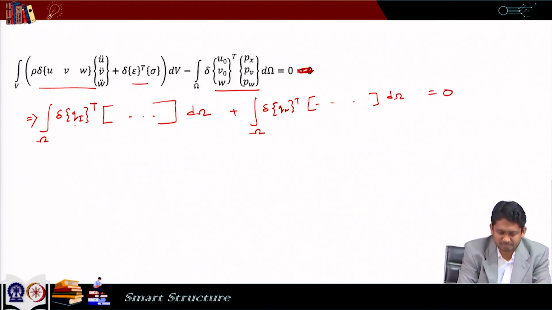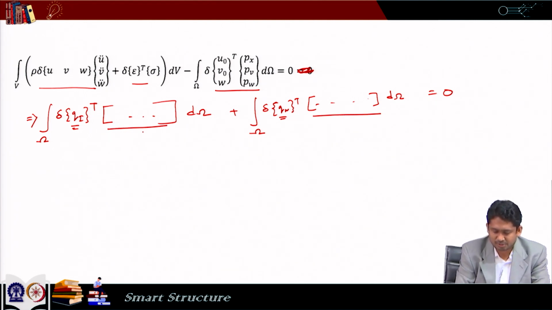And again we know that these variations are independent and these are arbitrary variations. So, this entire quantity can be 0 only when I have this equal to 0 and this equal to 0.